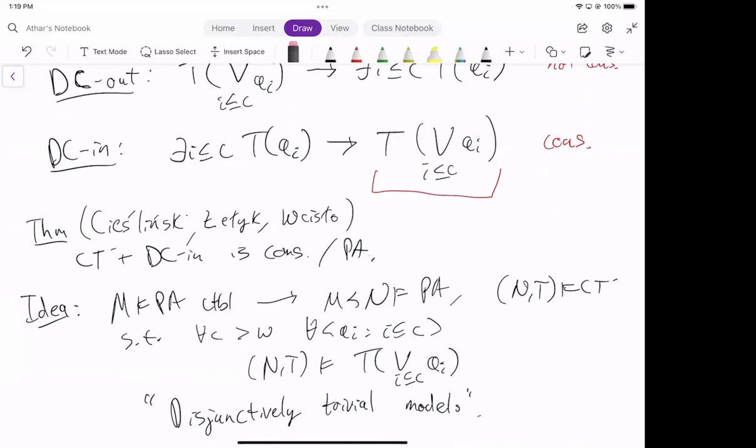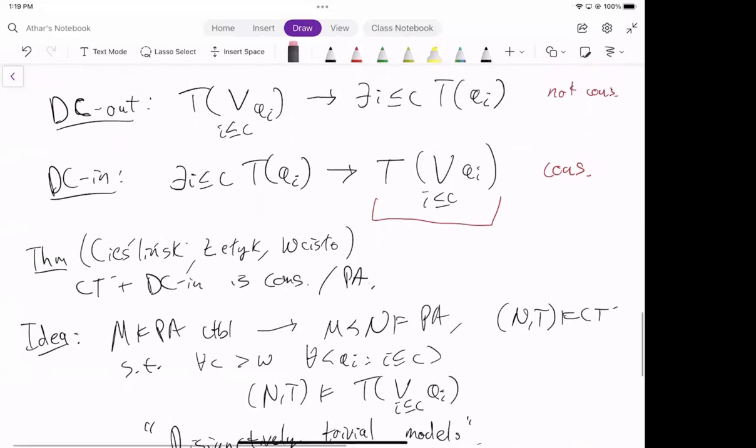That's an interesting construction, and similarly they showed that you can get DC in, but you can't get DC out at the same time.